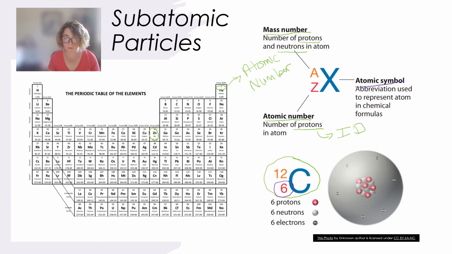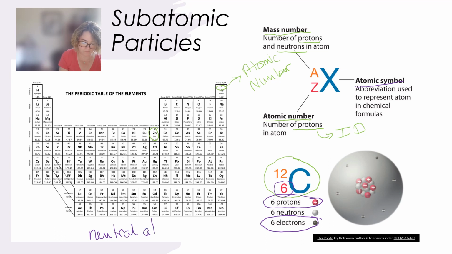We are currently talking about neutral atoms, and so what that means is that the number of protons is going to be equal to the number of electrons. So you should definitely write that down: in a neutral atom, the number of protons is going to equal the number of electrons.